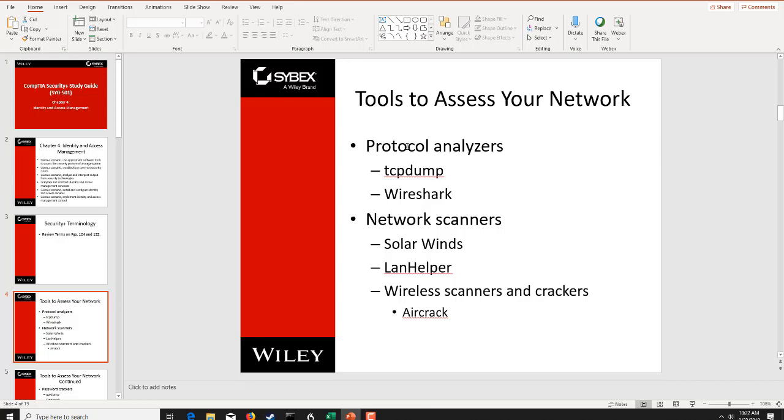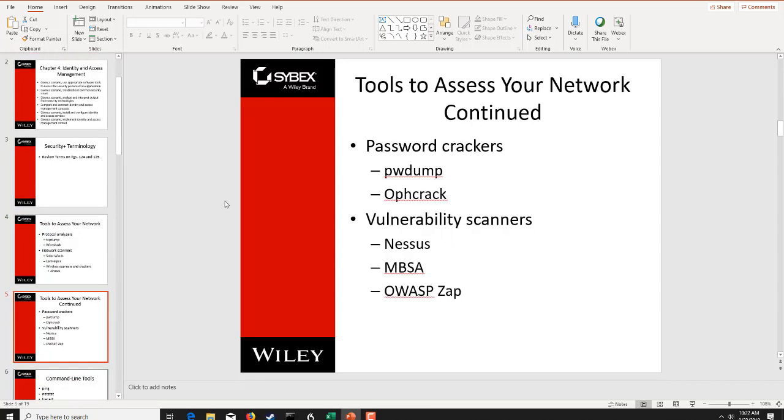Password crackers are common out there, and these are basically used for an assessment to look at how strong your passwords are, and it helps to validate your password policy. So pwdump and Ophcrack are two examples of those. Again, they're used not necessarily for cracking passwords, but to see and evaluate the password complexity.